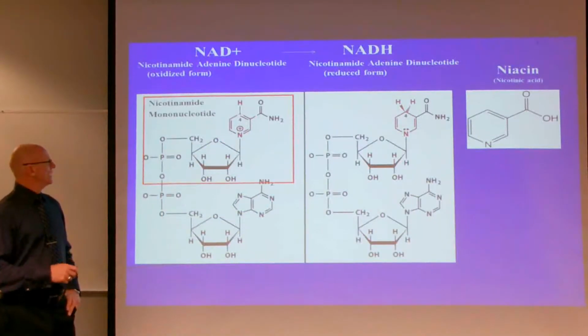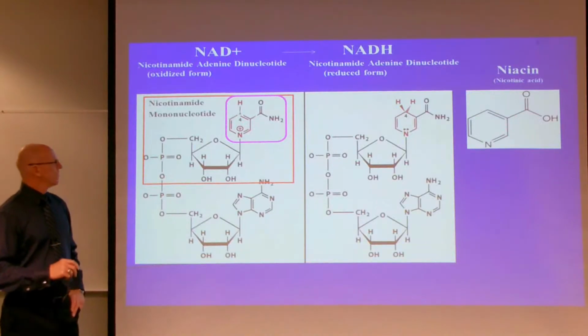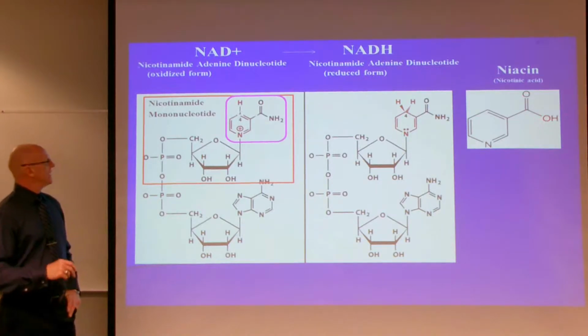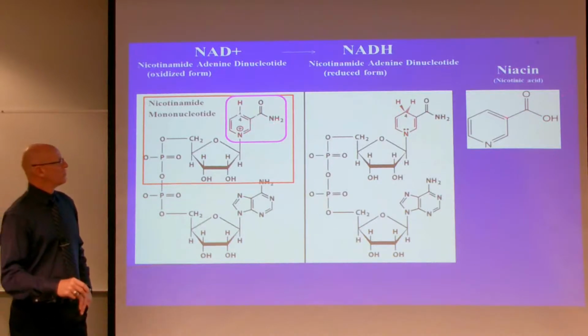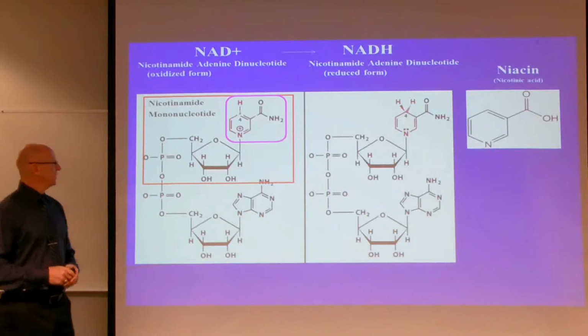And this is the nucleobase here, and this is very, very similar to niacin. This is the structure that I was saying is considered to be niacin. Now the difference here is nicotinic acid has a hydroxyl here instead of having the amine group put on at this point here. So this is where we see niacin in nicotinamide adenine dinucleotide.